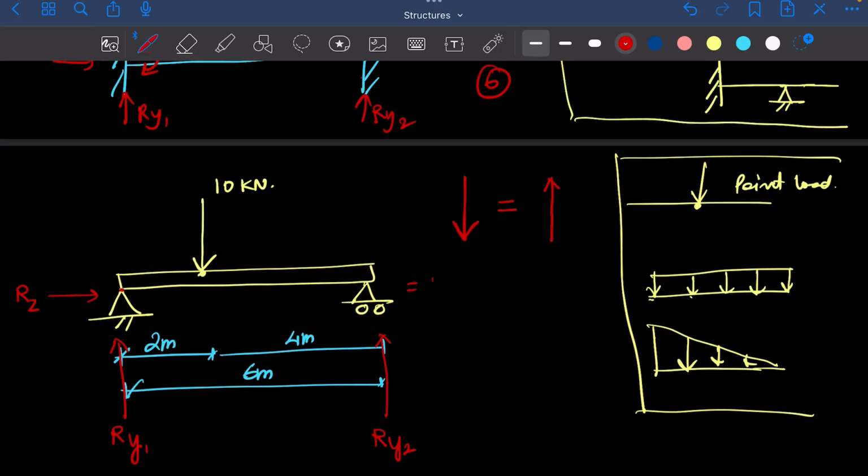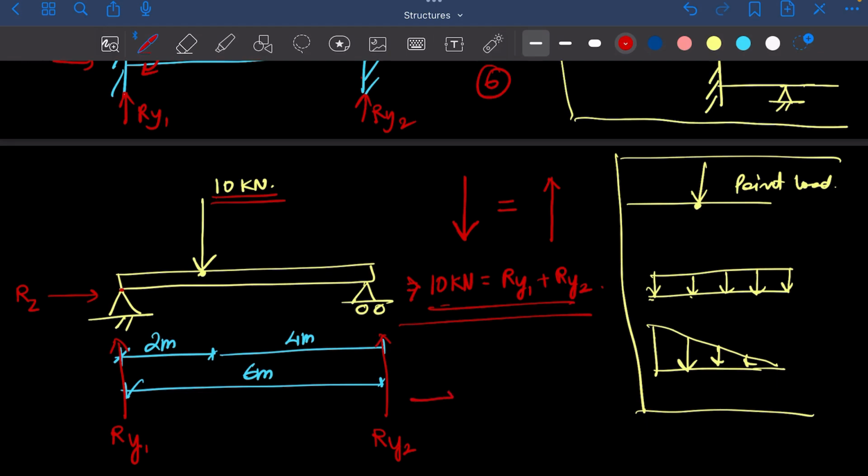We have only one force, 10 kilonewton, acting from upward to downward, which will be equal to all the vertical forces, similar types of forces. So from downward to upward, we only have Ry1 plus Ry2. So this is our equation.